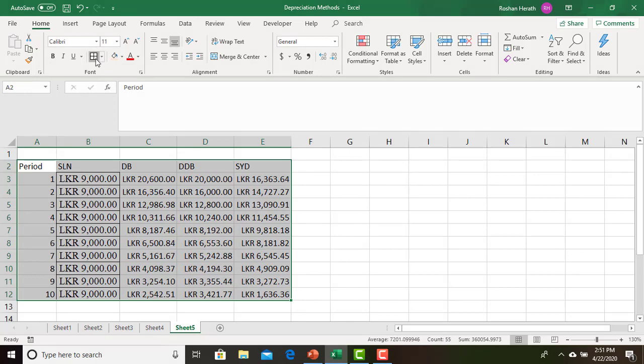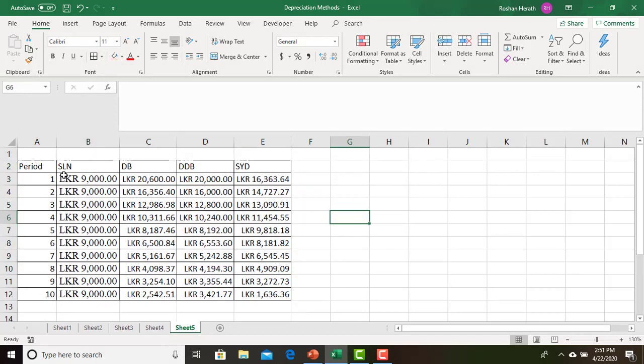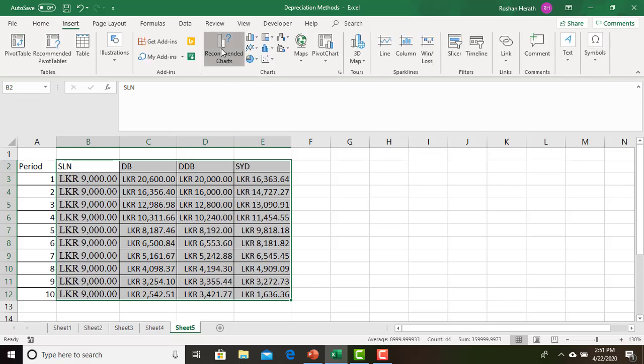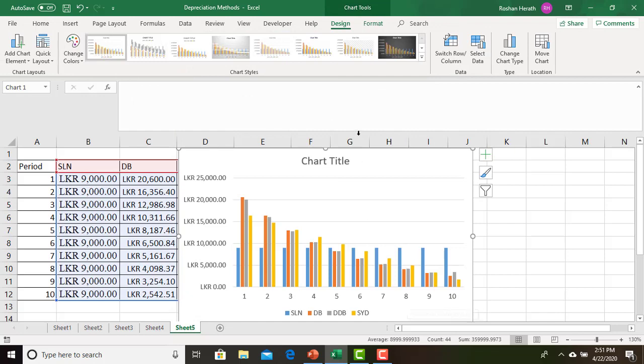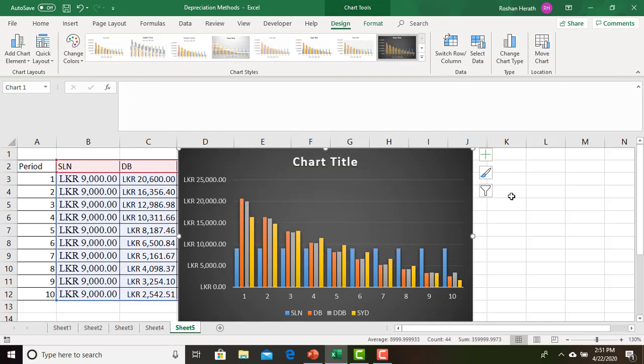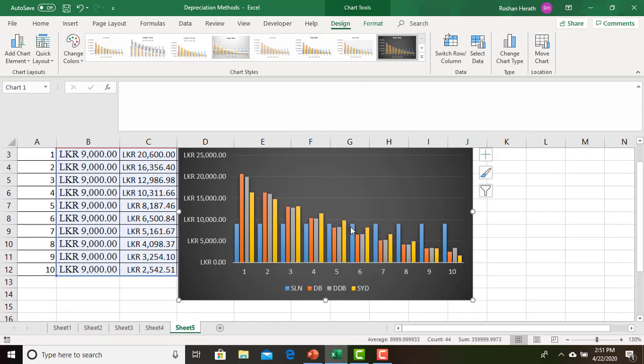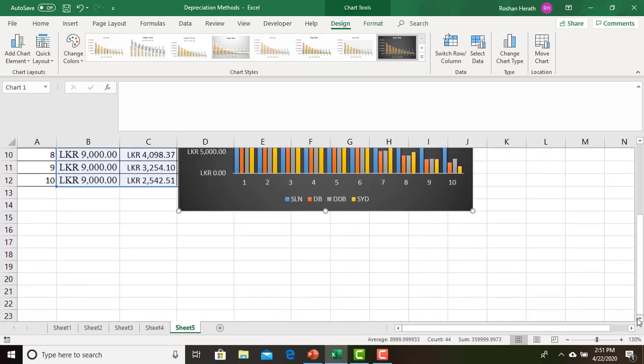Now we put everything into one graph and let's witness the changes in each of these methods. We may go to insert, recommended chart, and we may request something like this. See, this is how it works. Under different methods, you can see how the depreciation had been done.